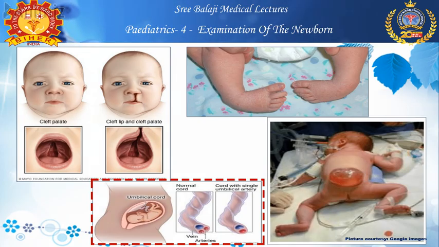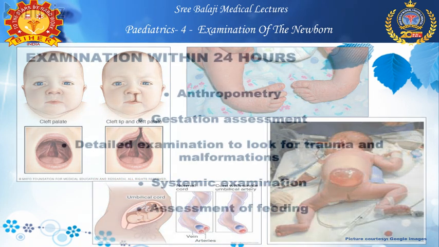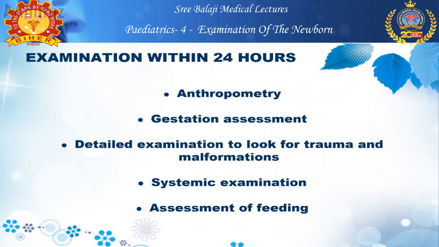The next picture, which has a single artery, is a malformation, and single umbilical artery is associated with renal anomalies or some intra-abdominal anomalies. So during the first examination, that is soon after resuscitation, we will be doing a quick assessment for birth trauma or malformations, and that is over.